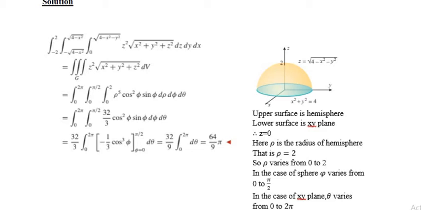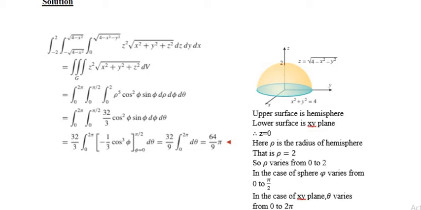Okay. And theta, since it is in the xy plane, theta will be varying from 0 to 2 pi there. So rho varies from 0 to 2, phi varies from 0 to pi by 2, and theta varies from 0 to 2 pi.